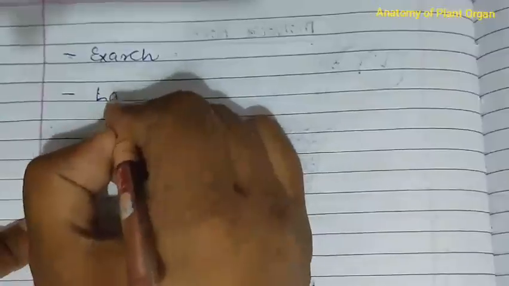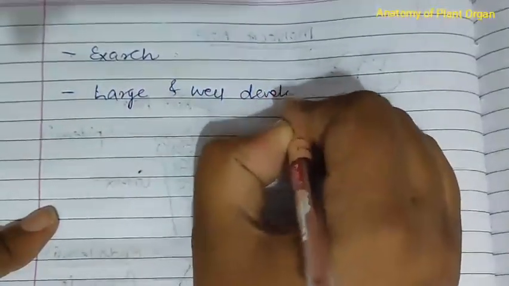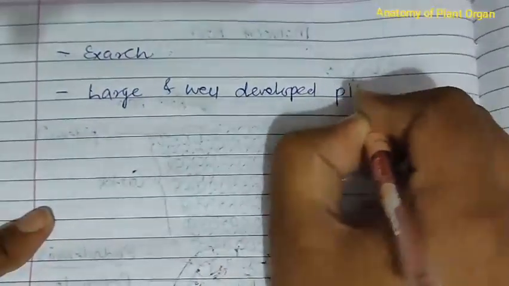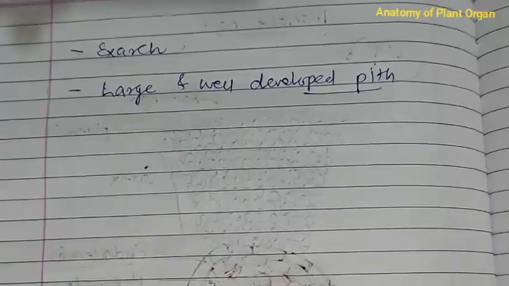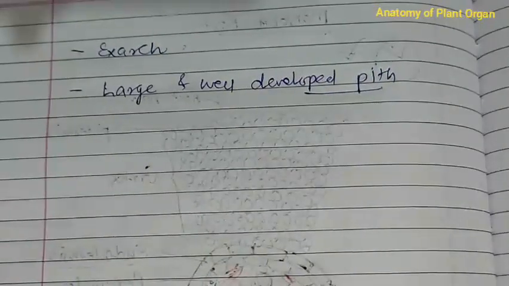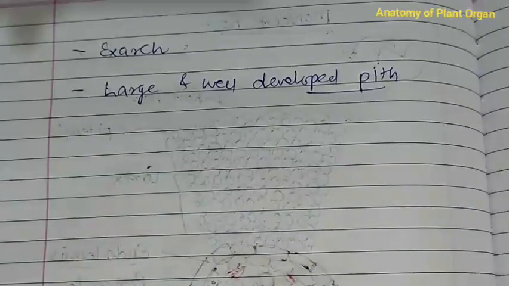In this monocot root, they are roots, so they have exarch arrangement, and they have a large and well developed pith. Okay, so if we compare these points with respect to the dicot root, we come to know that the difference is the pericycle, and the difference in the vascular bundles. Radial arrangement is obviously there, but there is a difference in the number of vascular bundles, there is a difference in the pith, and those points make a difference between the dicot root and monocot root.